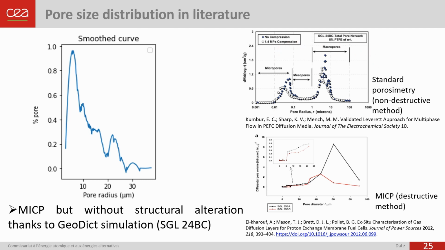So that could mean that the non-destructive method is important to not displace or maybe break the carbon fibers, because when we inject mercury into the structure, it may cause the destruction of the fibers and change the porosity.